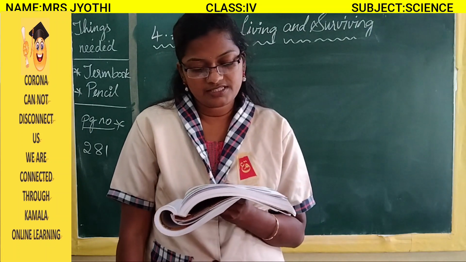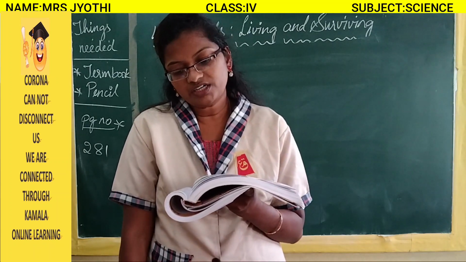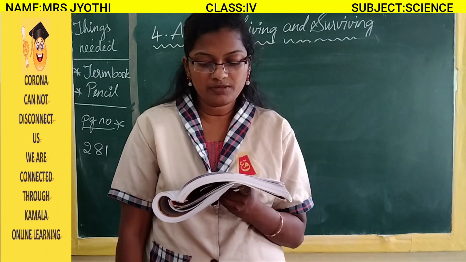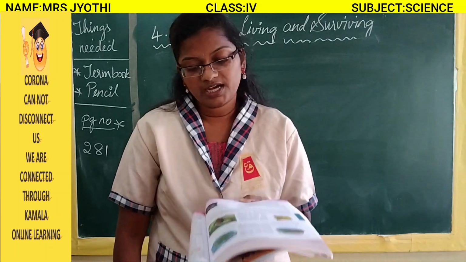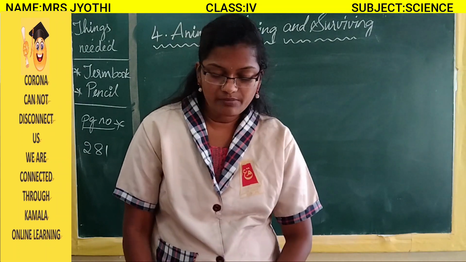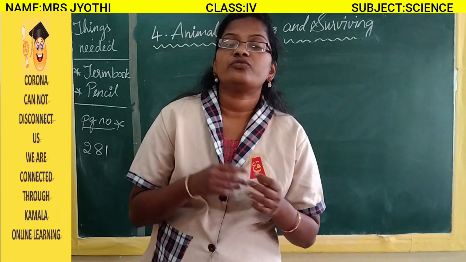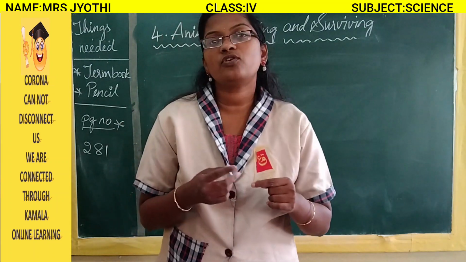Some monkeys such as spider monkeys have a very long tail. They use the tail as a fifth limb to hold the branches while swinging from one tree to another tree. With the help of that tail, they use it as a fifth forelimb.